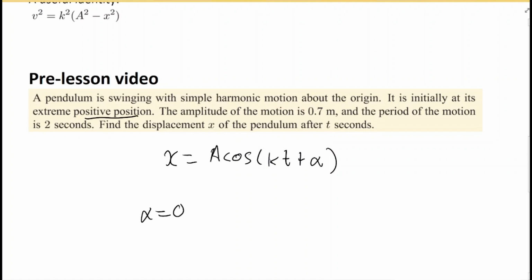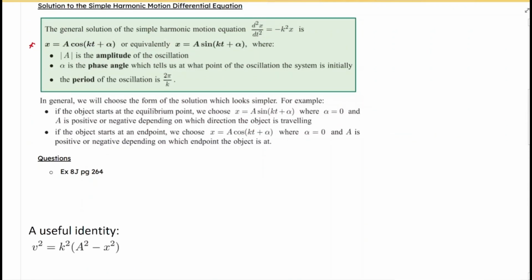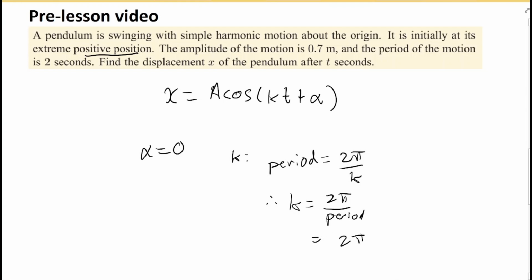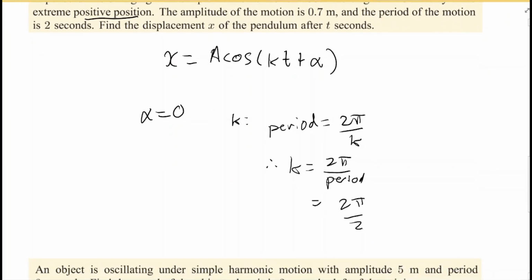To figure out k, we know the period is 2 pi over k. Therefore, k is 2 pi over the period. In our case, for this question, the period is 2 seconds. So that's pi for our k value.